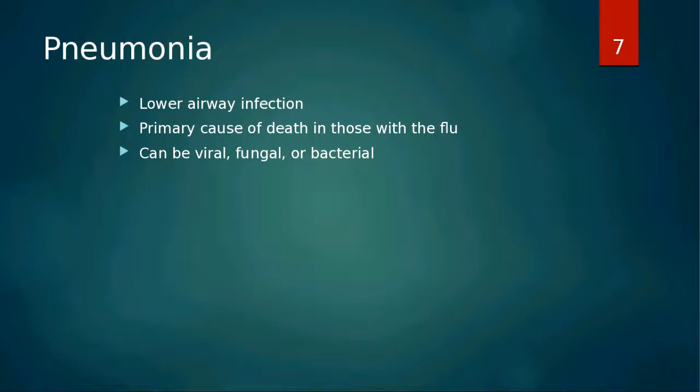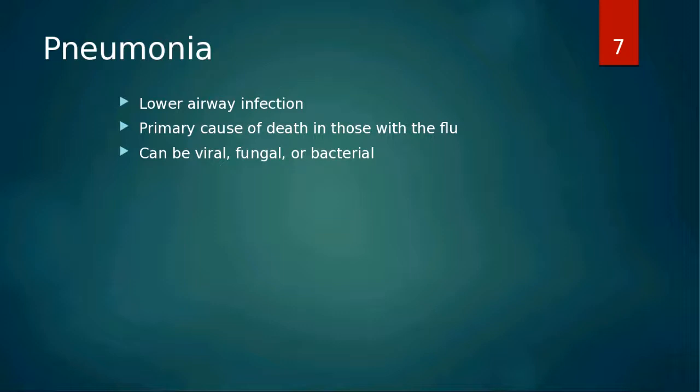So here's what we need to do. All patients need to be evaluated, get a good set of vital signs, get an SpO2, get a non-invasive end-tidal CO2, which is that nasal cannula type end-tidal. Any patient that's hypoxic or hypercarbic, which is an end-tidal greater than 45, treat them aggressively.